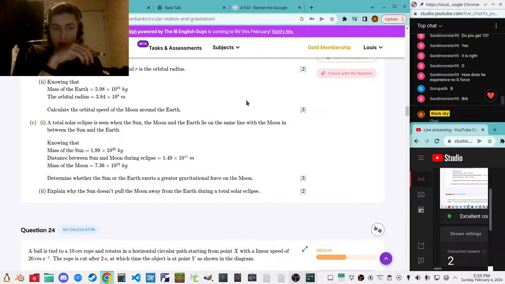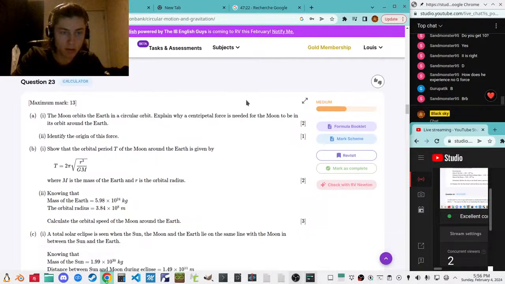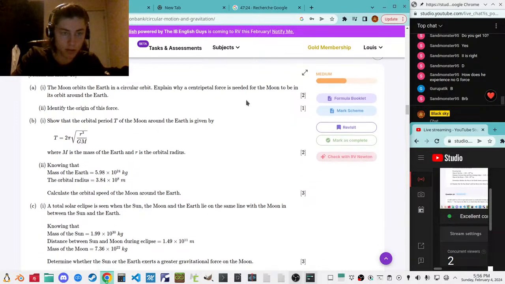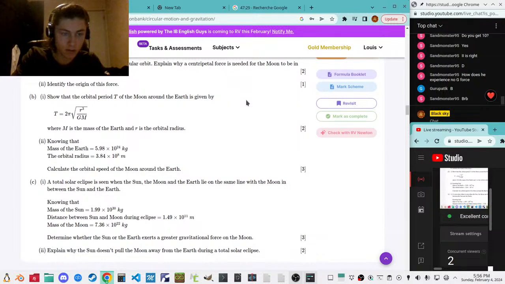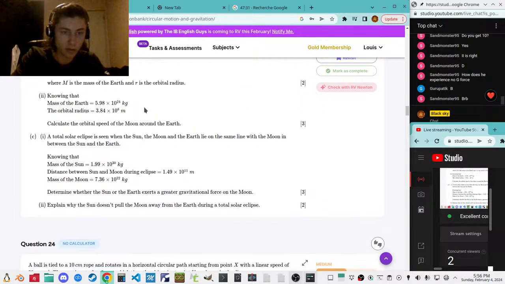Let's see, the mass of the sun is pretty big, but the distance sun-moon is this. So let's just approximate: 11 times 2 is 22, so that would leave 8, 10 to the 8. However, with the moon, where's the distance? Moon, Earth. Oh, there, the orbital radius.